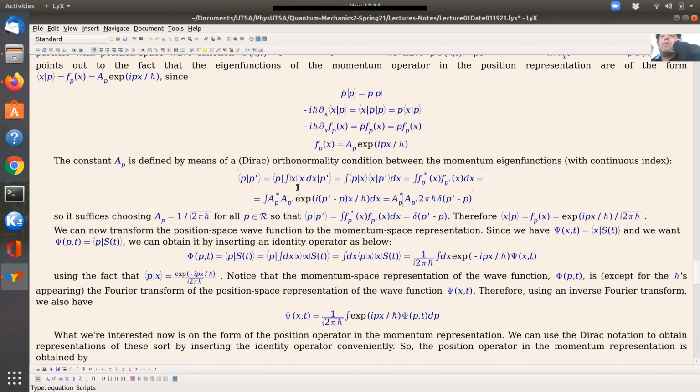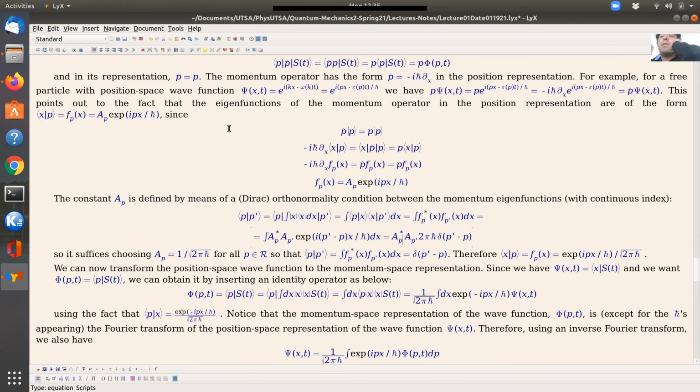So if you were to do this, you basically insert the identity operator over here. Then what you will have is, passing things inside, projections of p with x and x with p prime. And this, by definition, using this formula, is f star p and then f p prime.